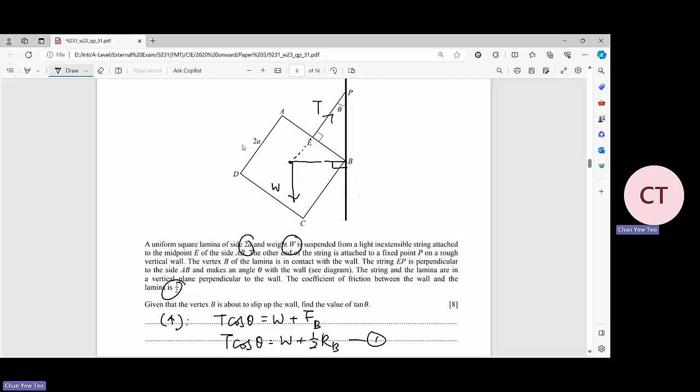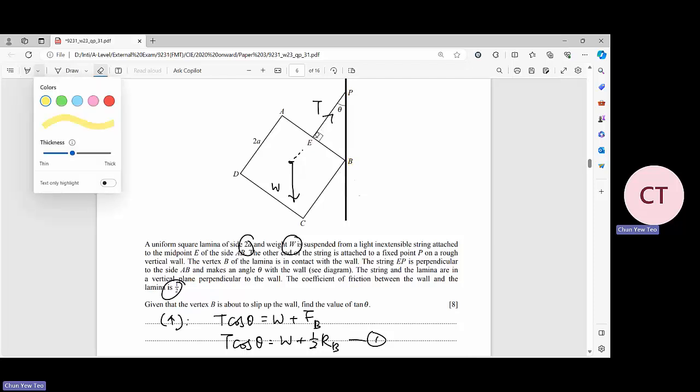Be careful, this point is not exactly at the same level as B, so we have to be careful with this one. As for the perpendicular distance for the T, it will be here.